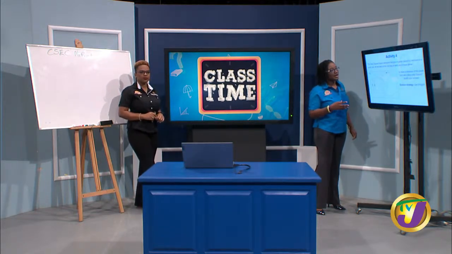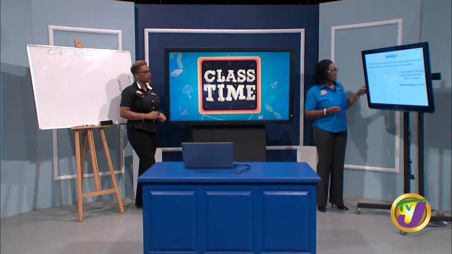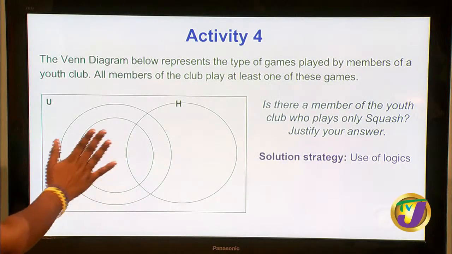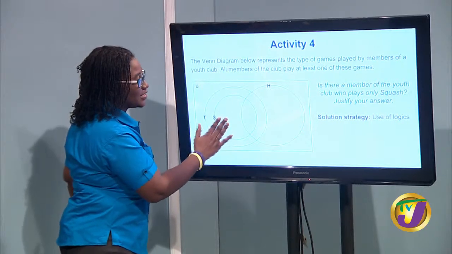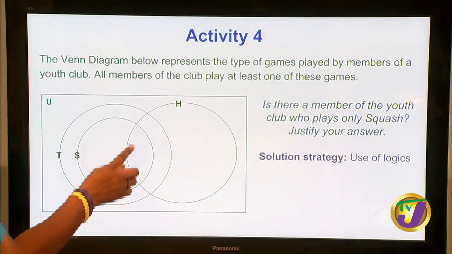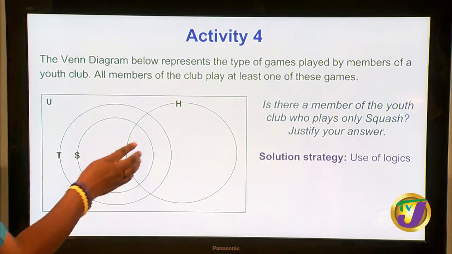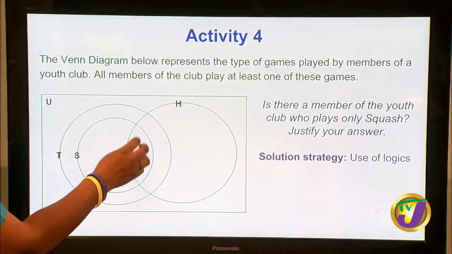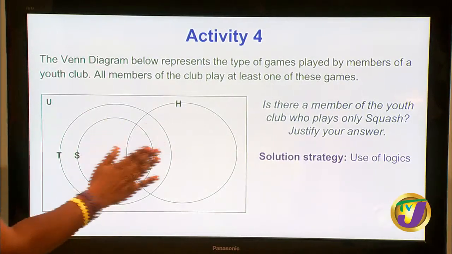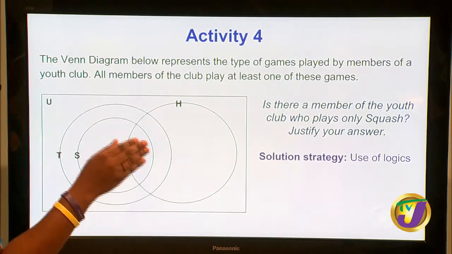So you're asking me, is there a member of the youth club who plays only squash? So I'm looking here and I'm seeing the set for squash, the club members who play squash. But you said squash only. Yes. So obviously I can't choose this section right here, which is the intersection. Right, intersection of what though? We'll talk about that in a few, but not the intersection at all, because we say squash only.